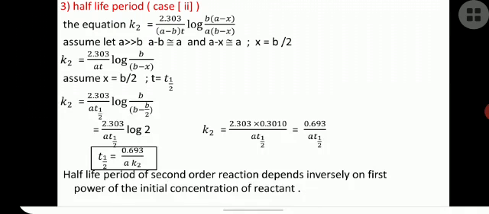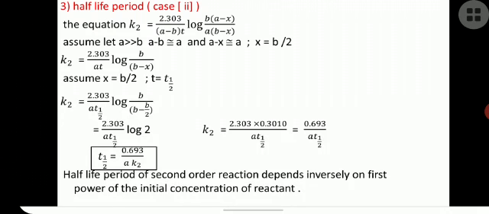Therefore, by substituting this value in the equation, b into a divided by a into (b minus x) remains. Therefore, a gets cancelled and we get the equation k2 is equal to 2.303 upon at into log of b divided by b minus x.